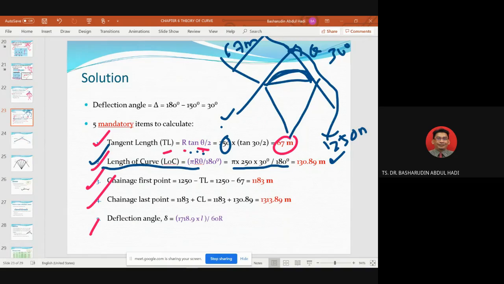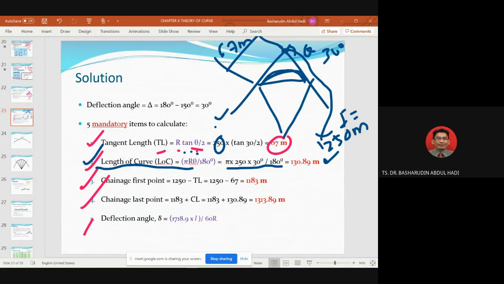So the chainage at point I. If you want to know the chainage at this point, how you calculate is very easy. 1250 meter, the chainage at point I, you minus the tangent length 67.